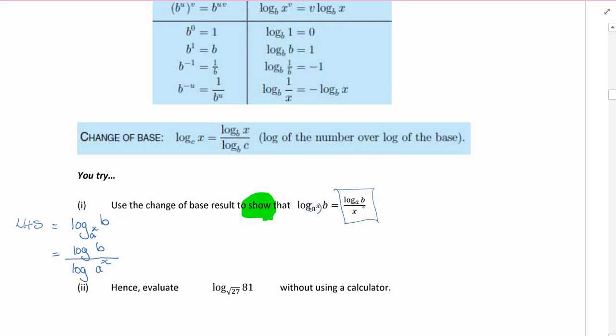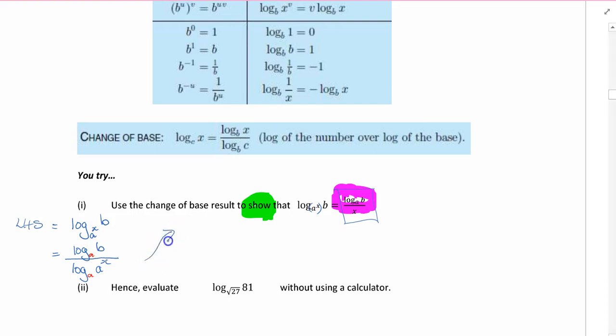Do I want it to base b or x? What do I want it to? Hopefully you can see, and again, by focusing on where we're heading, which we always should do in a show or a prove, then we can see that they're talking about log of b to base a. Let's introduce that now. So, because we've got the flexibility to choose our base, let's choose base a.